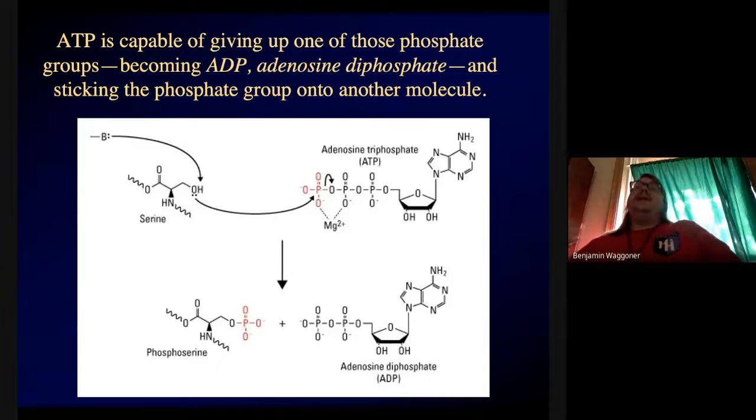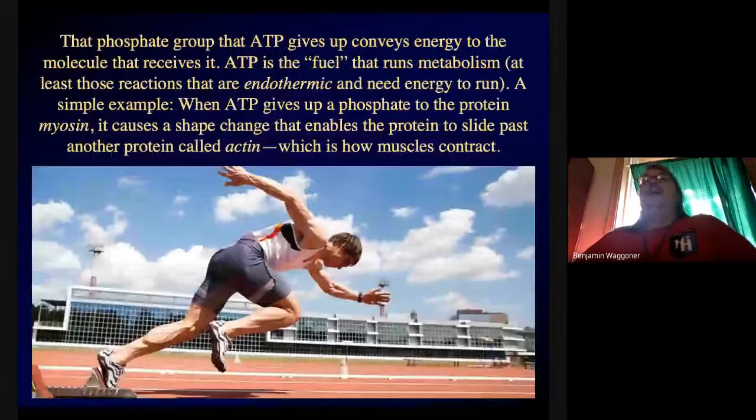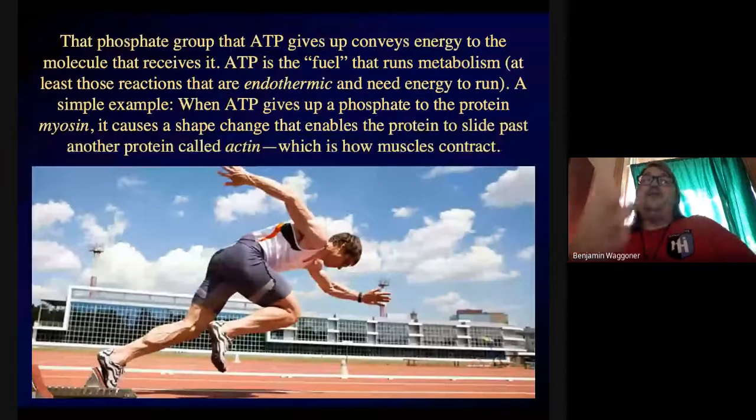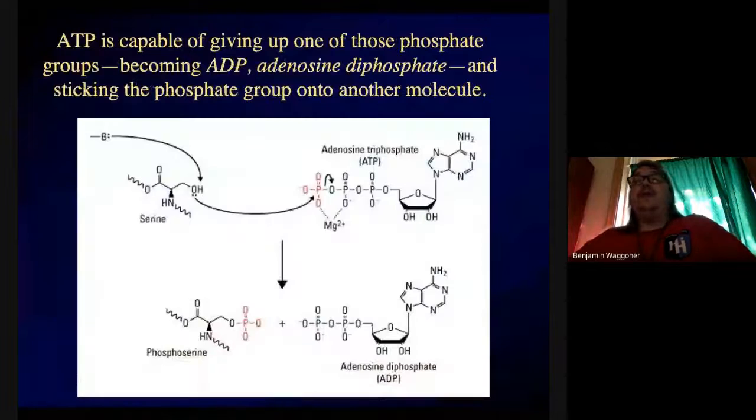When ATP gives up a phosphate group, it conveys energy to the molecule that receives it. That serine that gets the phosphate stuck to it also has energy added to it, and the serine may be capable of participating in a chemical reaction now that it's got a kick.